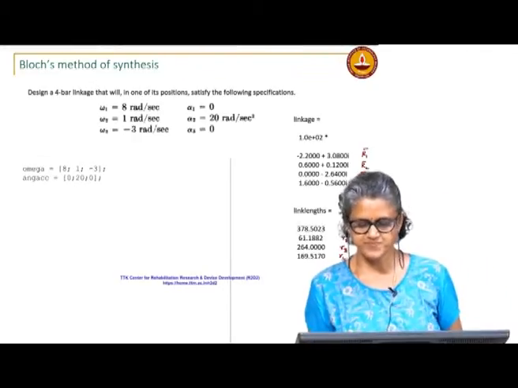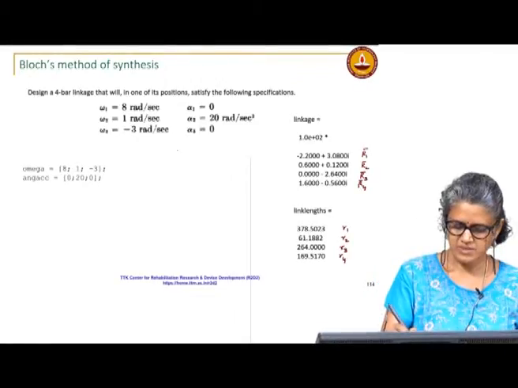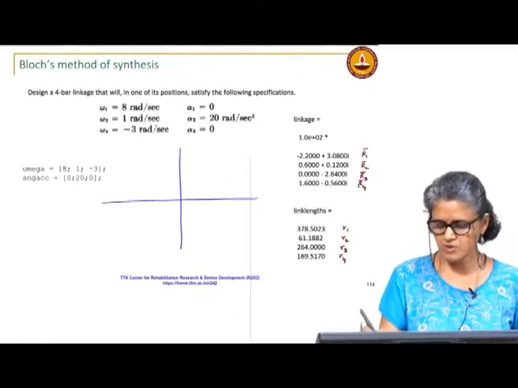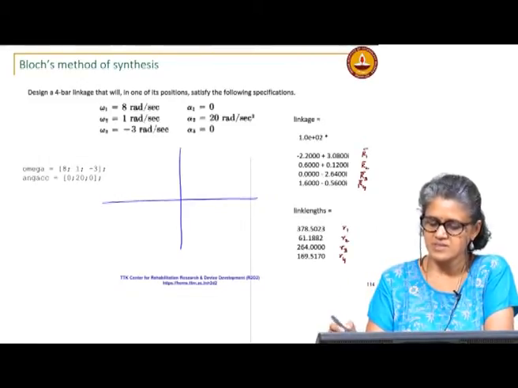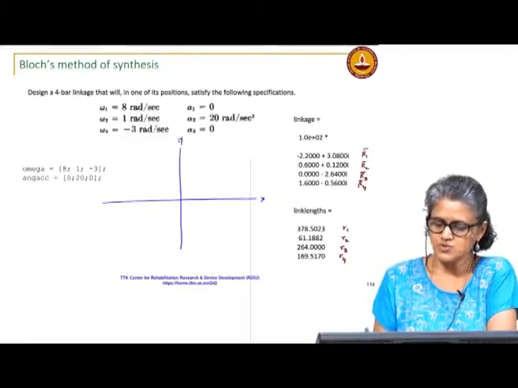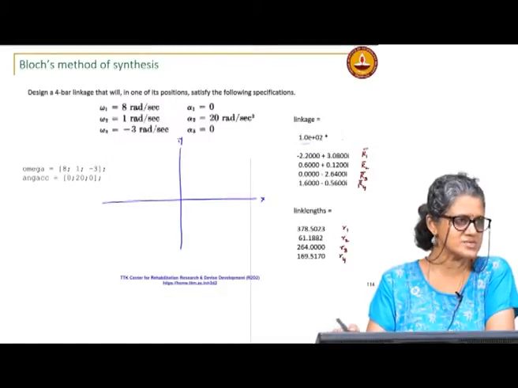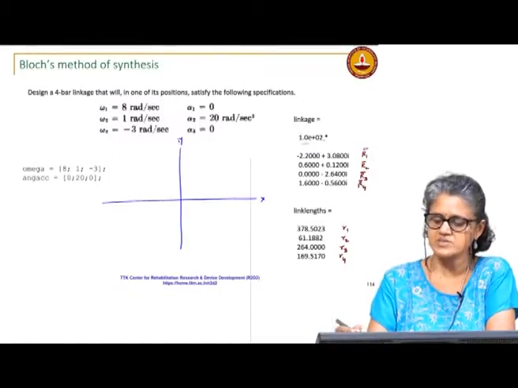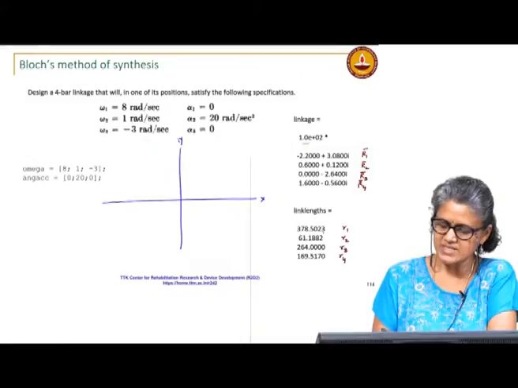Now, let me see what my linkage looks like. So, if this is my complex plane, R1 is minus 2.2, let us say I take the scale to be 1 equals 100 here, because it is that times. So, I have minus 2.2 plus 3.08, that is the largest link.